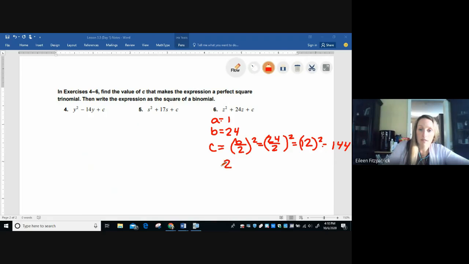So now I have z squared plus 24z plus 144. So what two numbers, and think about what you just did above, multiply to give you 144, and those same two numbers add to 24? It's 12, right? So it factors z plus 12 squared.